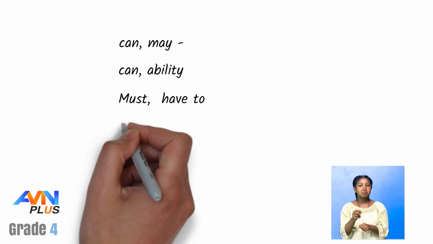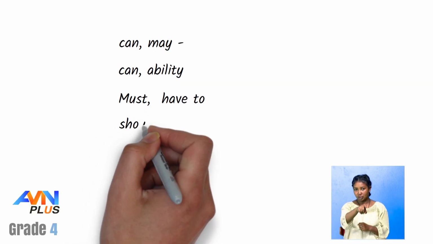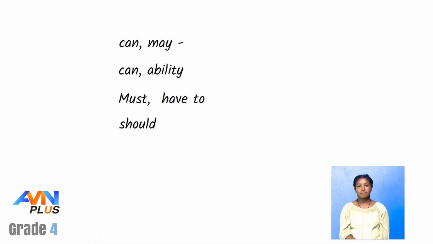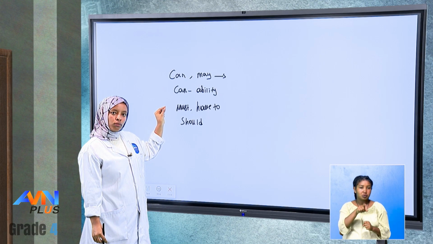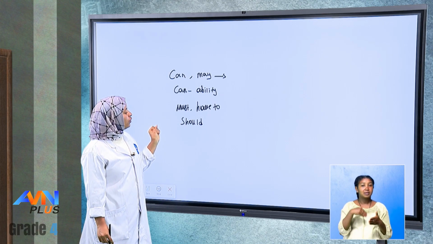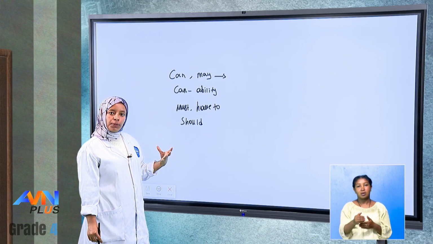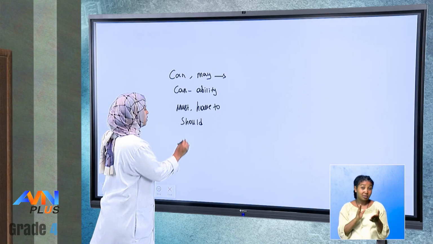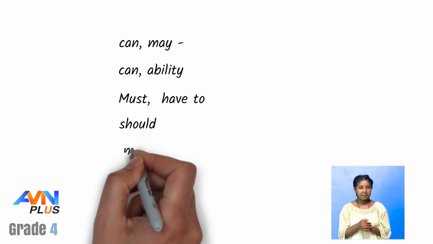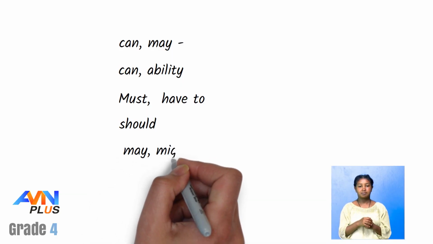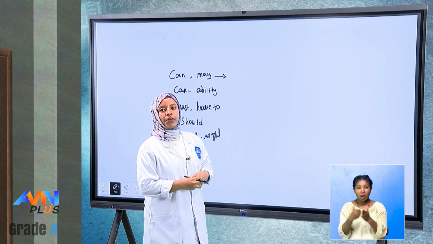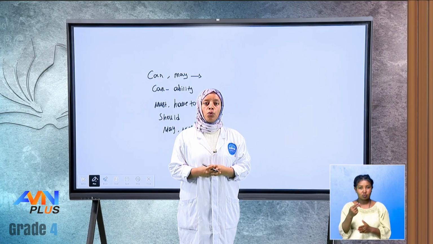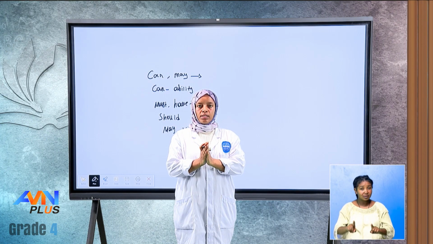You can use what? Should. Here is the difference from must: this one is not as strong. And the next one, you can use for possibility and probability, may and might.